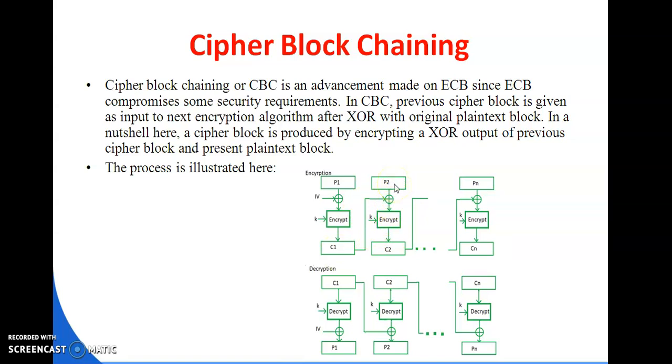This process goes on. Again I am repeating, this P1 is the plain text, IV is the initialization vector, and this K is the key value, then the ciphertext is given. This ciphertext again acts as the initialization vector for the next block, and the key is used for encryption and then cipher.